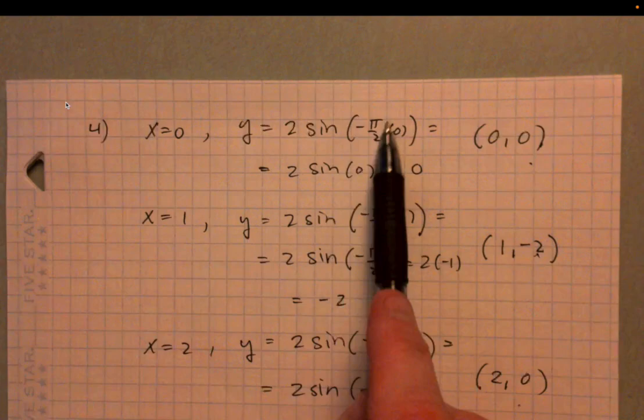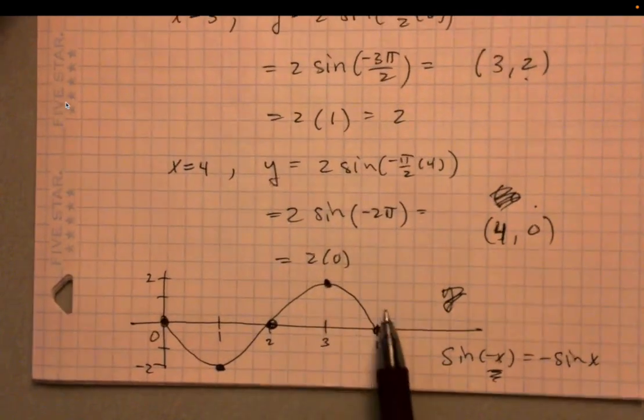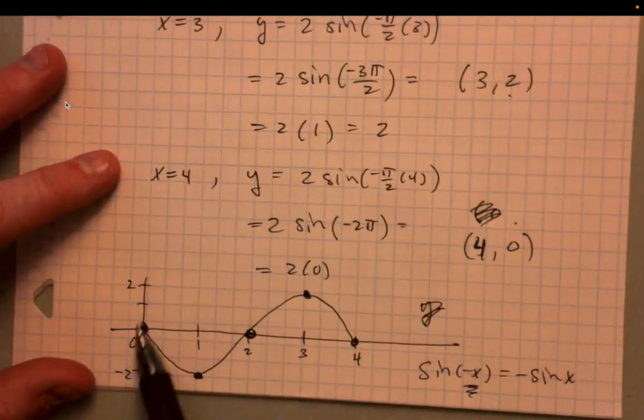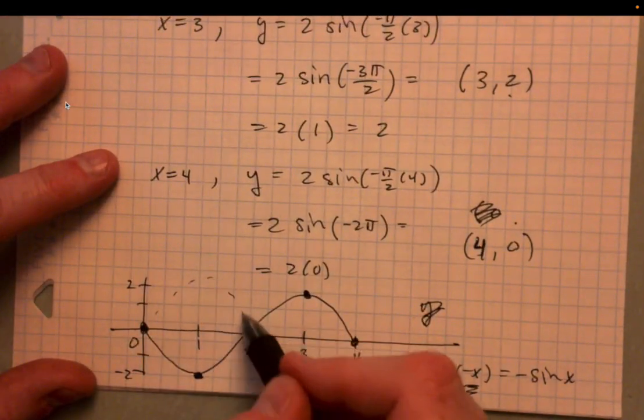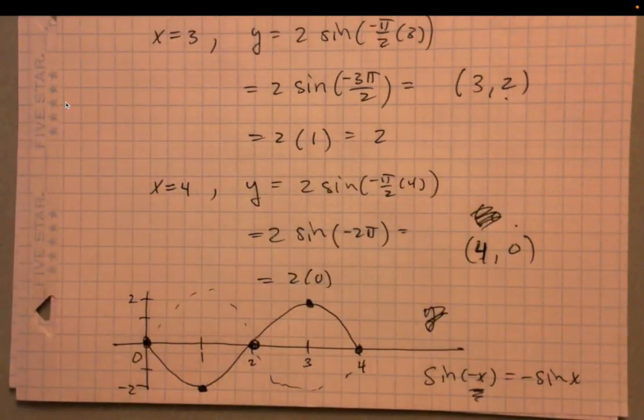Negative pi over 2, so the argument's always negative. Well, it's negative when you plug in a positive value anyways. And so that's what's going to cause it to flip upside down here and to go down instead of going up first. So normally it goes up, right? So this one is just flipped. Okay, perfect. All right.